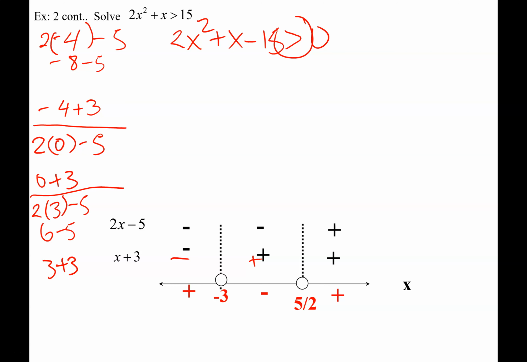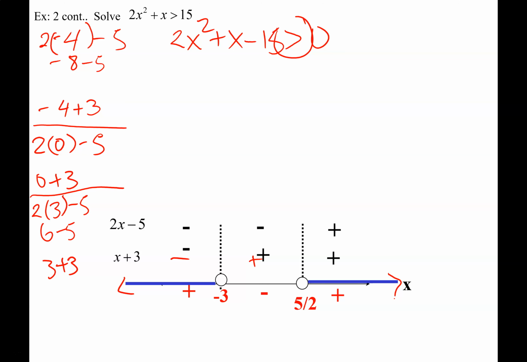So again, we're talking about values that are going to be greater than 0. We should be thinking about positive. So if we look at our little sign chart here, this is where I end up in positive territory. Here, I end up in positive territory as well. So this would be my graph right there.